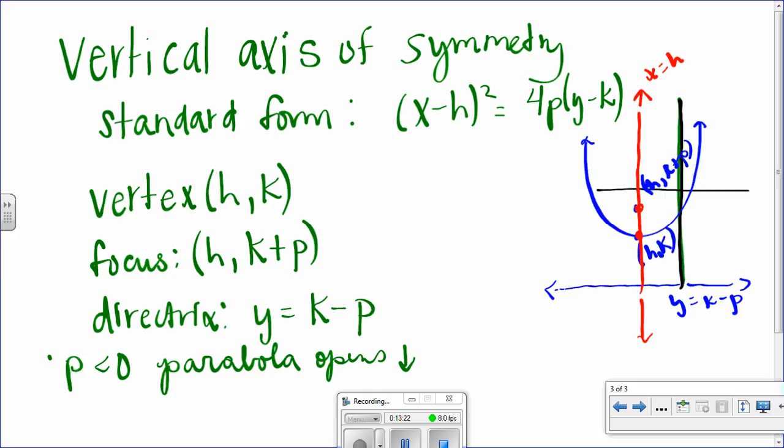I'm going to do one that opens down. Okay. That's one that opens up. Notice that the focus is inside. You're adding p. See, this is going to be 4p. So, let's say there's a 12 right here. What's p?